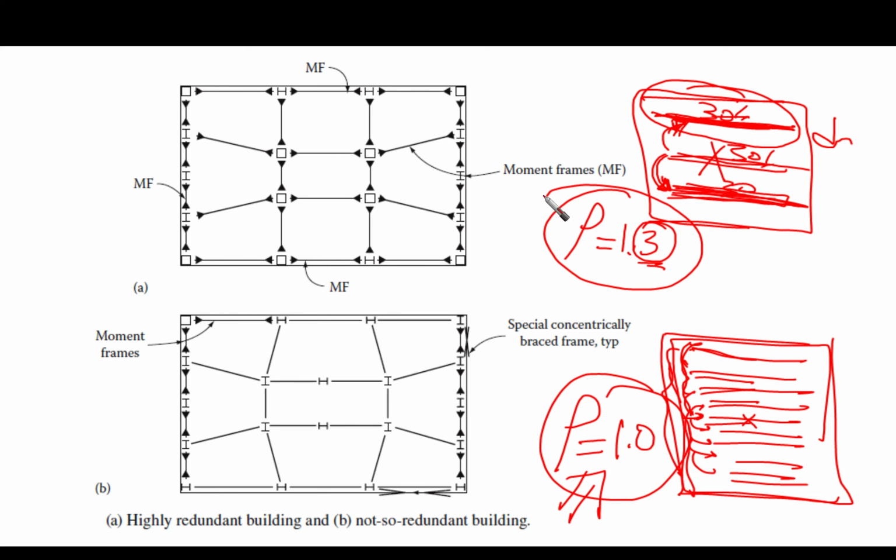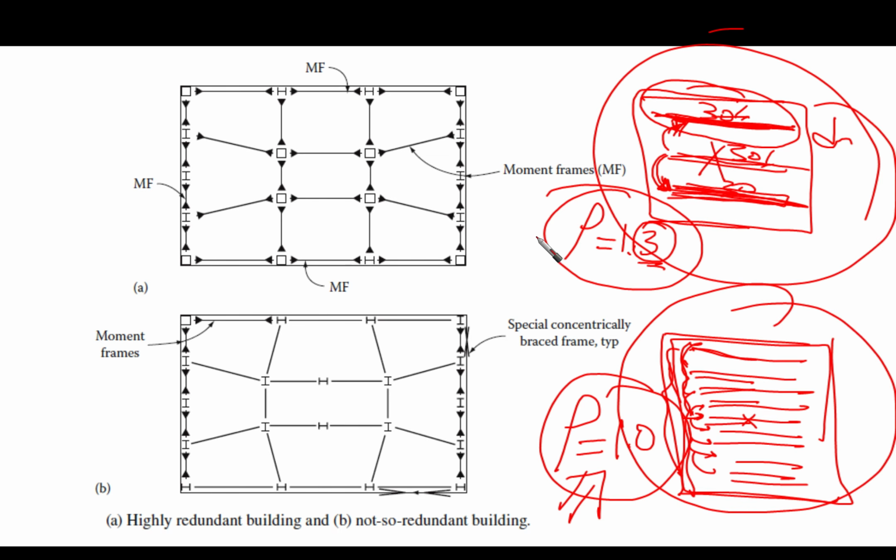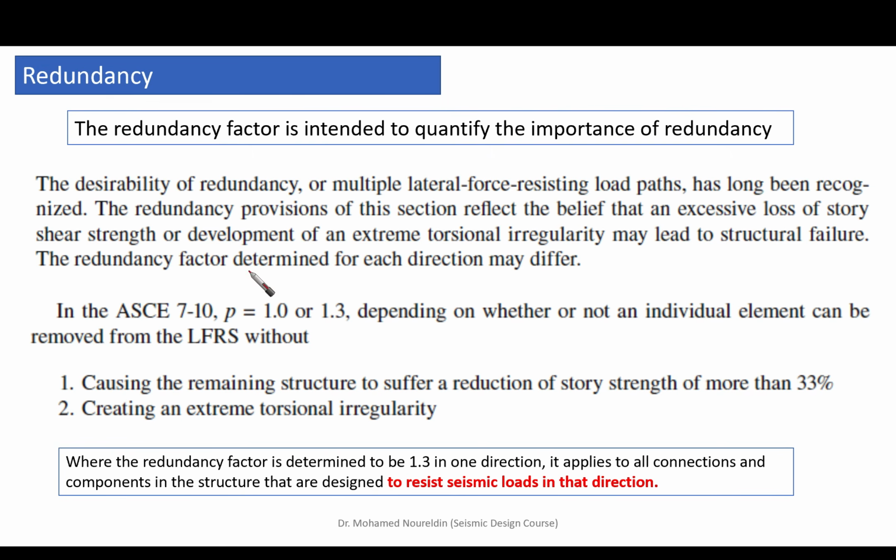Did you understand the rationale of redundancy? Remember it with the street analogy that I have explained here, and it will be very easy for you to remember. The redundancy provisions of this section reflect, as we said before, the belief that we want to avoid structural failure, which comes from extreme torsional irregularity and loss of story shear strength.